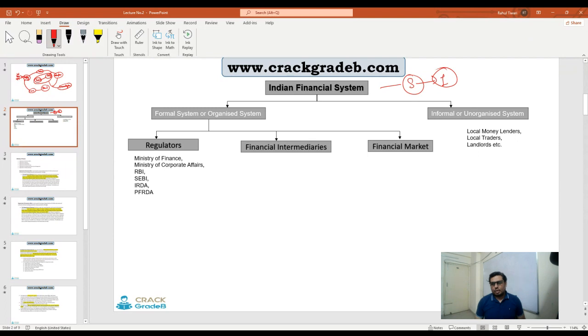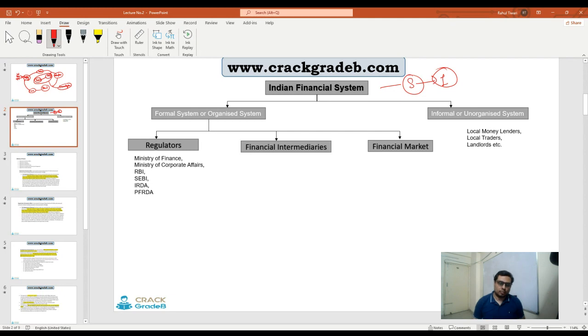When we talk about the informal system, there are money lenders, local traders, and landlords who can lend money on interest. So these unorganized activities are there. Why is it unorganized? Because they are not governed by any parliamentary law or executive law.